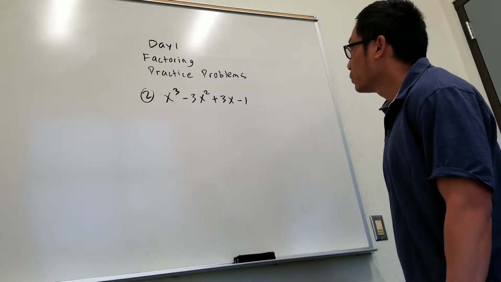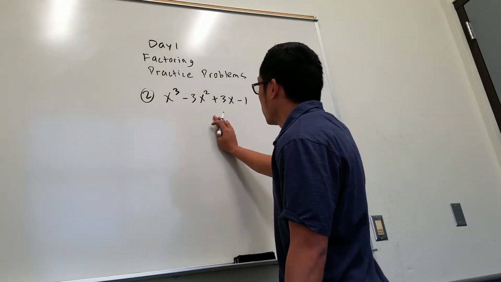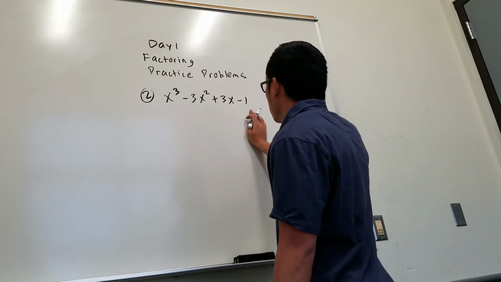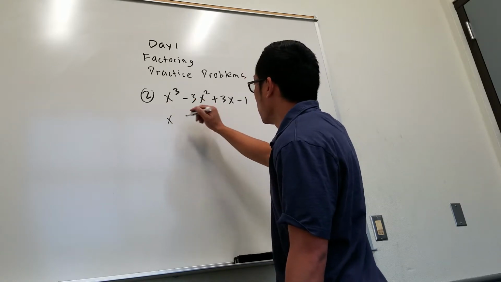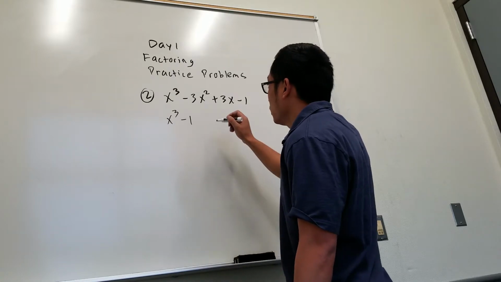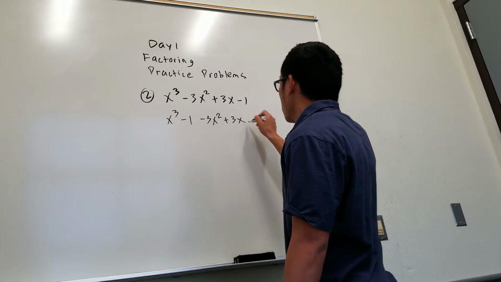So what should I do? What did I do with the example I did earlier? I combined the x cubed minus 1, or x cubed minus 8. I'm going to do the same thing here. So you have x cubed minus 1. Maybe I can see the pattern. If not, just try something else. It's 3x, right?